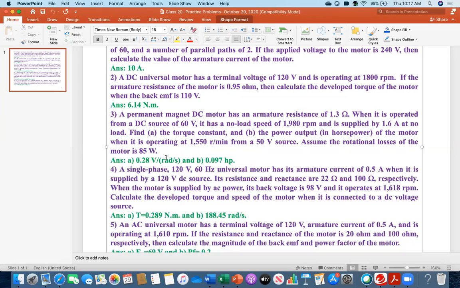Now, using that torque constant, you have to find the new value of back voltage EB. That new EB will go into your equation: output power is EB times IA minus the loss. So that EB will be the new EB, not the previous part's EB.